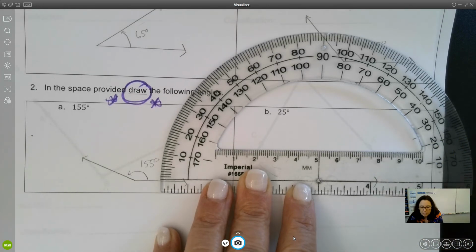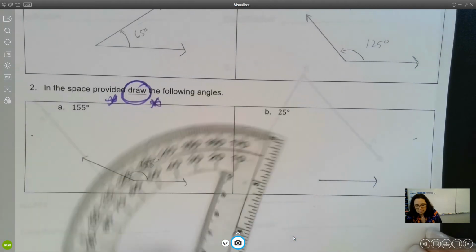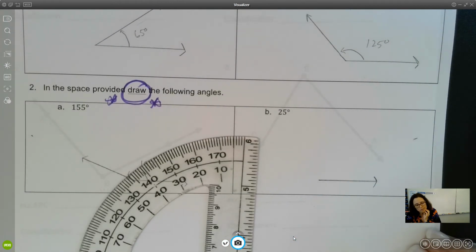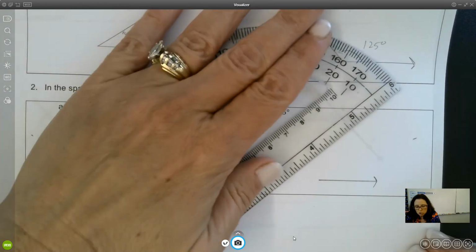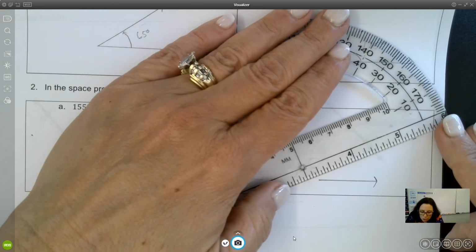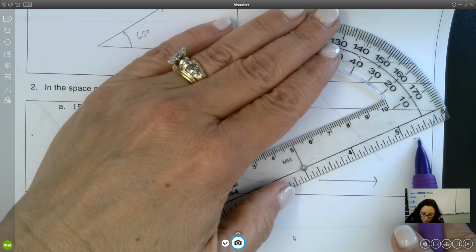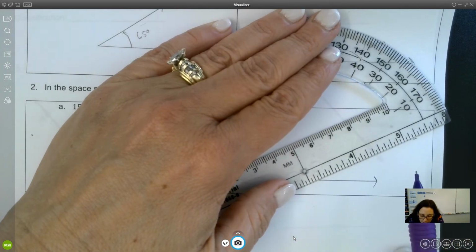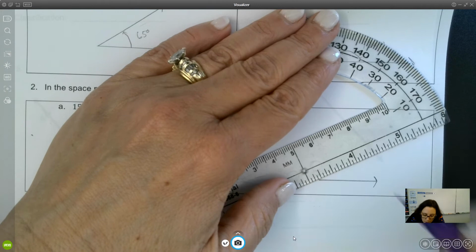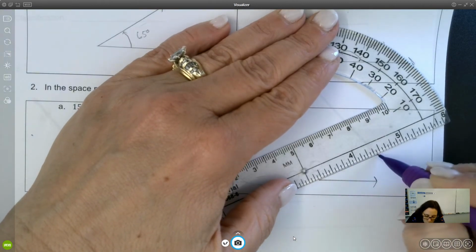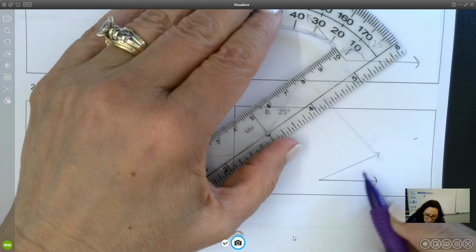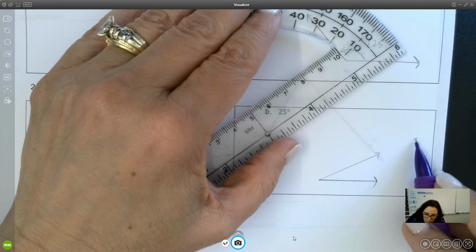Then step 4, take my protractor off, and I'm going to use it as a straight edge to mark through this part here that I marked and the vertex. I can go as long or as short as I want. It doesn't matter, because if it's extended, it would go through that marking.